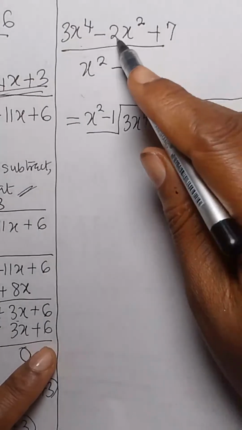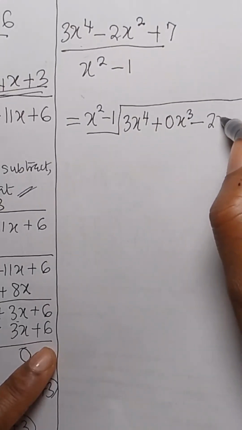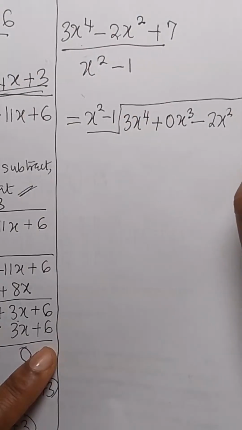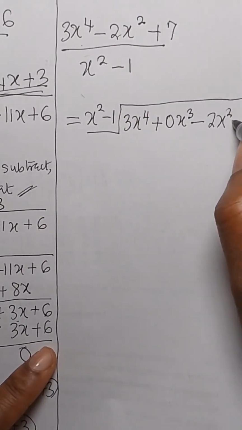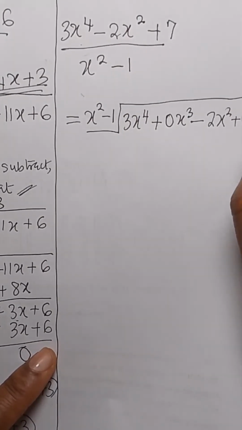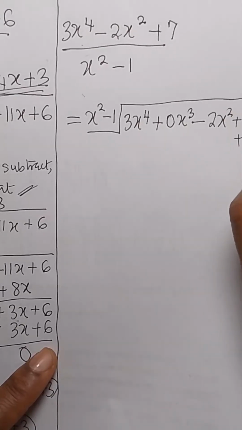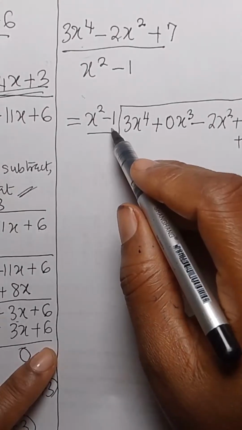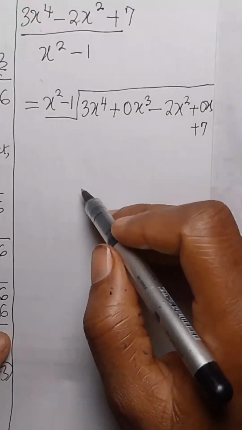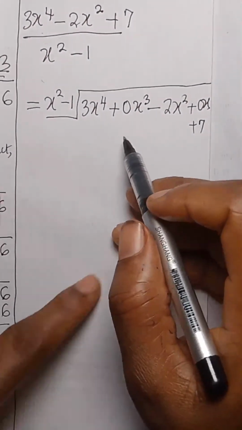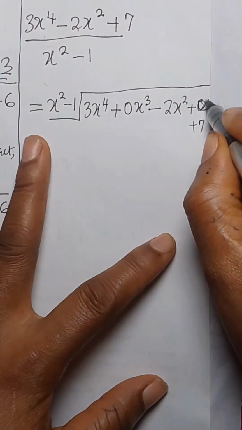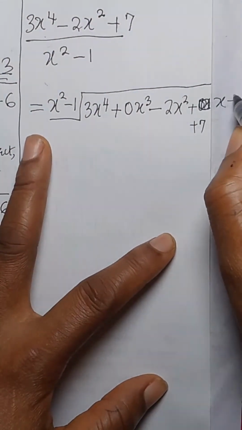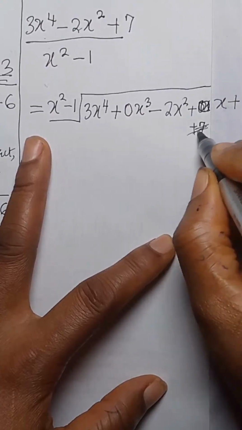We are going to write minus 2x squared plus 0x plus 7. All right. And we are dividing with x squared minus 1. Okay. So this is 0x plus 7. Let me extend it to the next book.